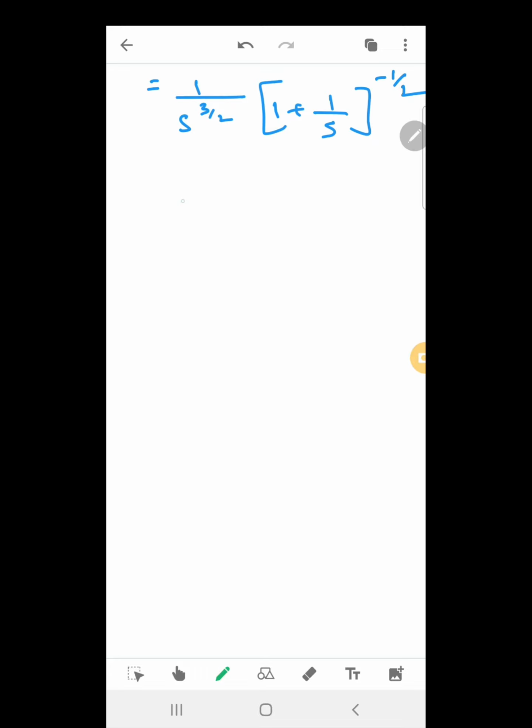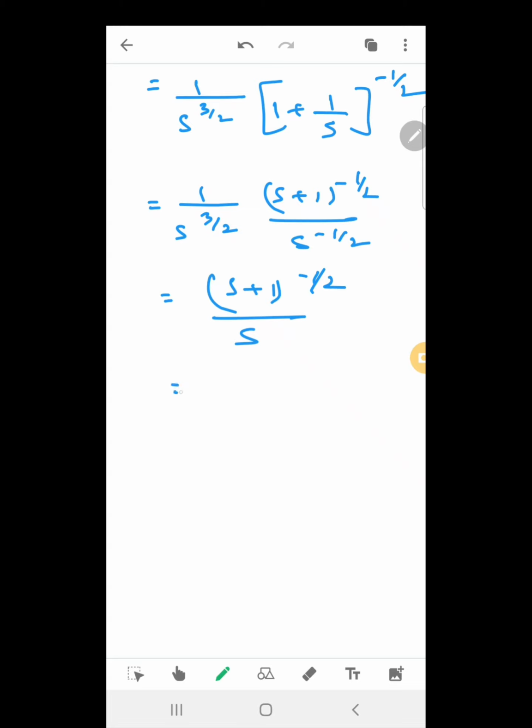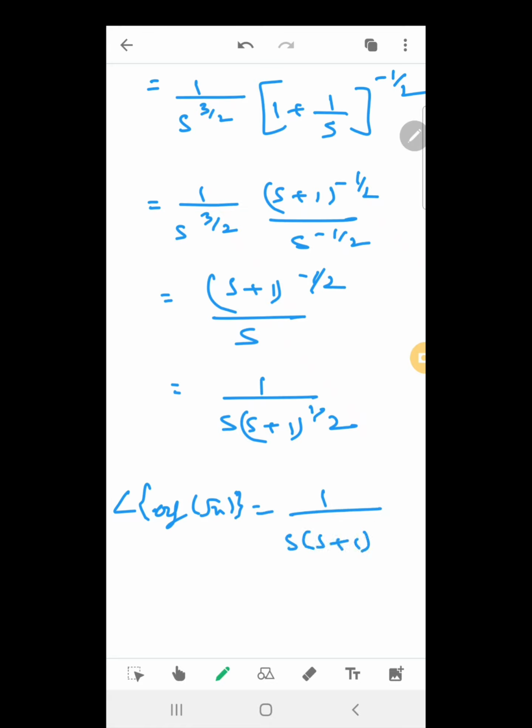The series in the bracket is actually 1 plus 1 over s whole to the power minus half, and this actually becomes s to the power 3 over 2 times s plus 1 whole to the power minus half over s to the power minus half, which actually gives you s plus 1 whole to the power minus half over s, which is 1 over s times s plus 1 whole to the power half. So the Laplace transform of error function is equal to 1 over s times s plus 1 whole to the power half. That is your final answer.